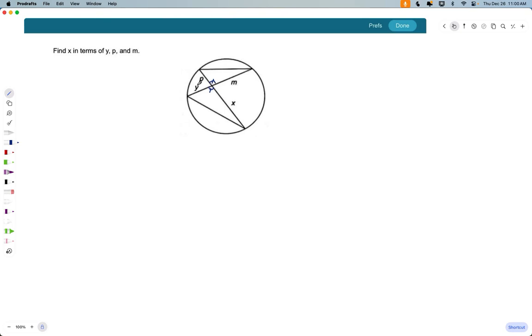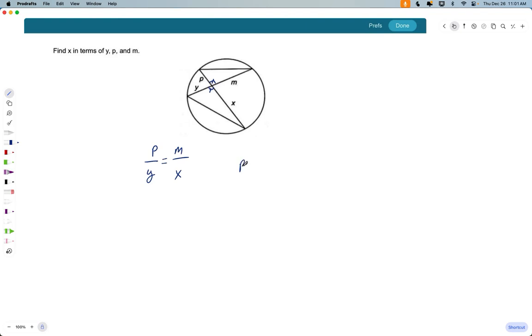So P is going to be the same side as Y. And M is going to be congruent to, or the same side as, X. So here's our proportion statement, basically. Because this is one triangle, and this is the other triangle. This is one side, this is the other side. So you keep your like things together, and you're always going to do a good job.